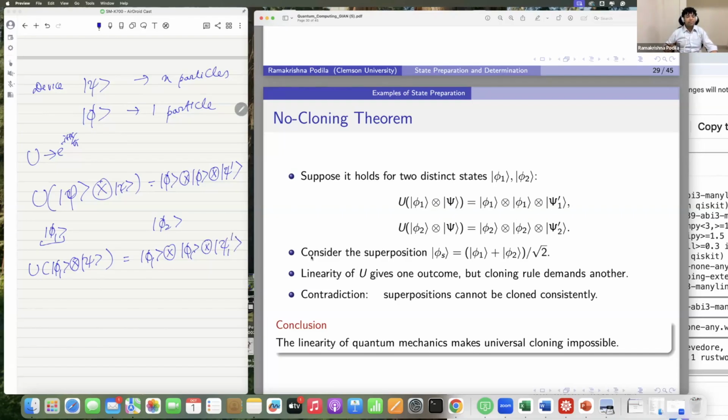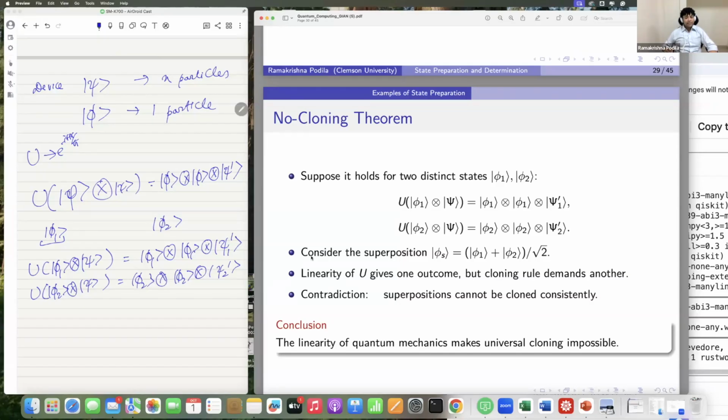I'm labeling it as psi1 because it is copying particle 1. So when it copies the first state, it is going to change into one particular state. Similarly, I can do it on phi2. When I do it with phi2, the device is going to be in a different state. It will copy phi2, and because phi1 and phi2 are different states, the device also has to be different, right? So the device is going to give me psi2 prime.